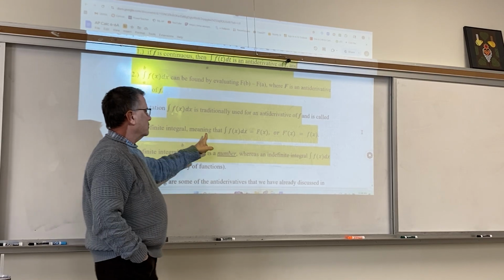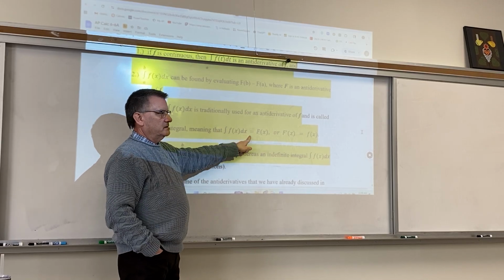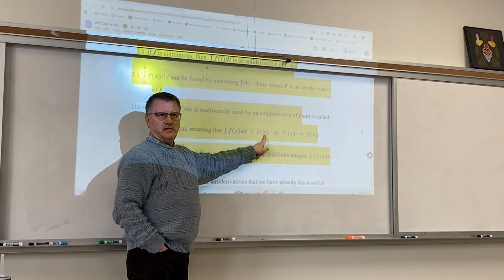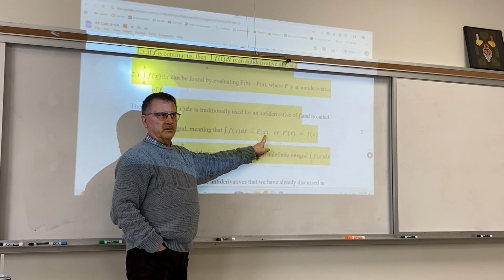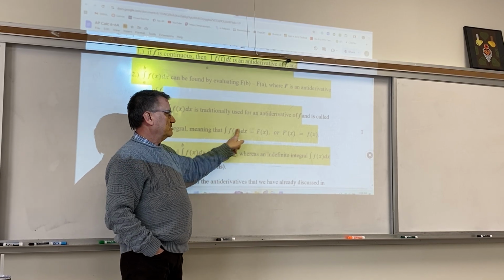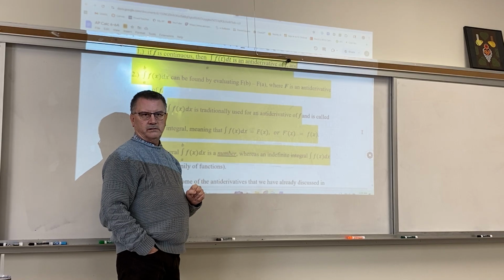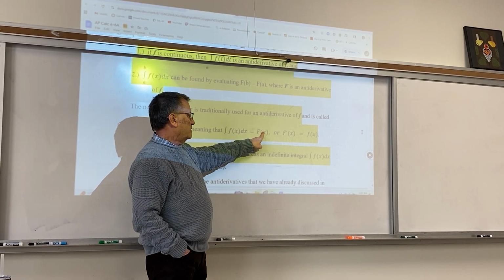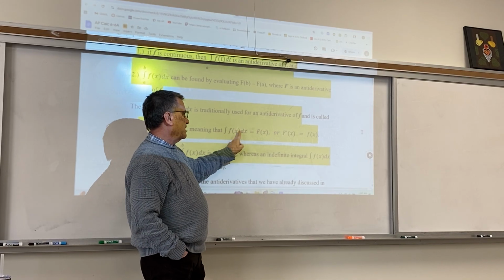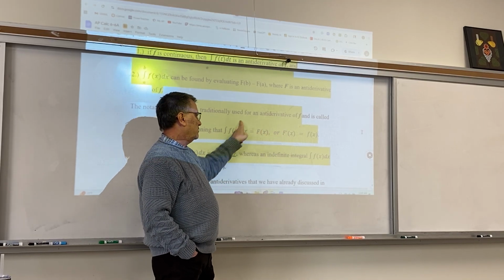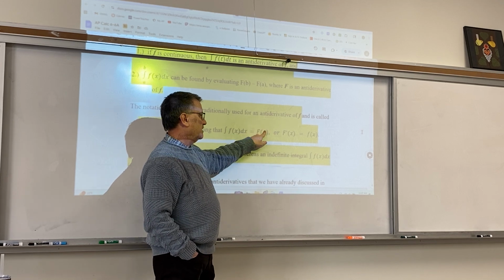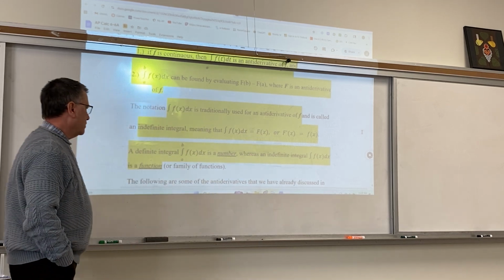So this integral is the way we will write any antiderivatives. We'll move away from this and just do this. So again, if you take the derivative of this thing, you get that back. If you take the derivative of this thing, you get that back. Or if you take the integral of this, you get the antiderivative. We can move forwards and backwards.